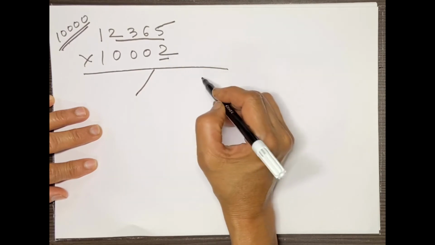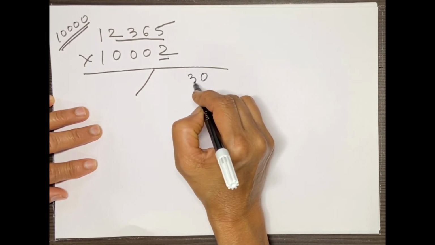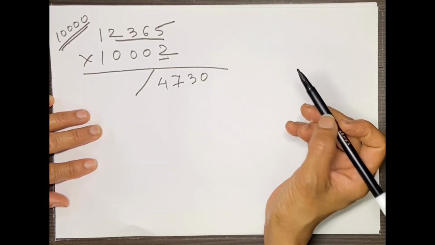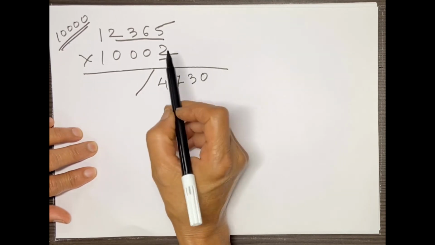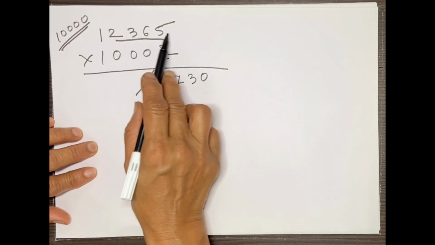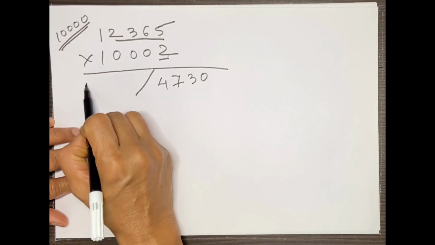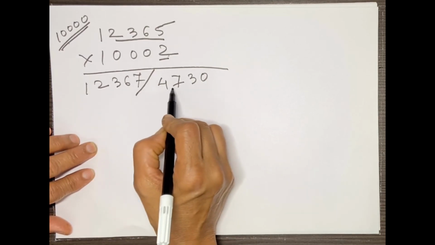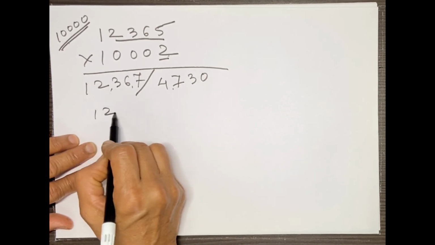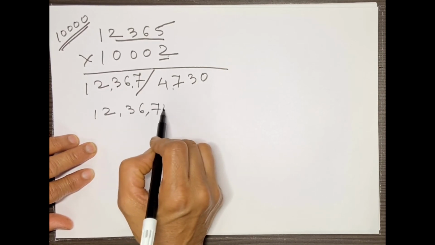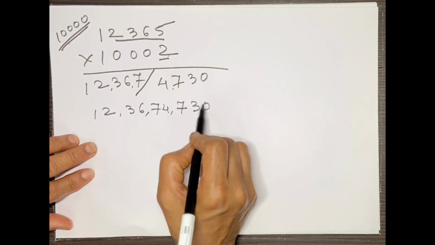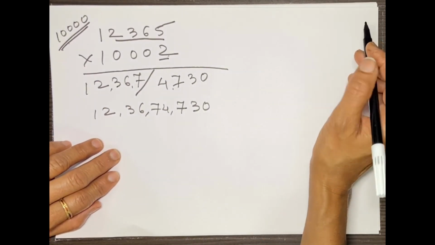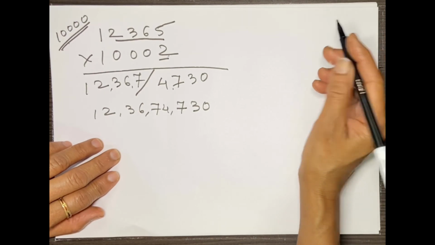The right hand side will be 4,730, and the left hand side will be 12,365 plus 2, 12,367. So the answer is 12 crores 36 lakhs 74,730. Such greater multiplications we are also solving in some seconds.